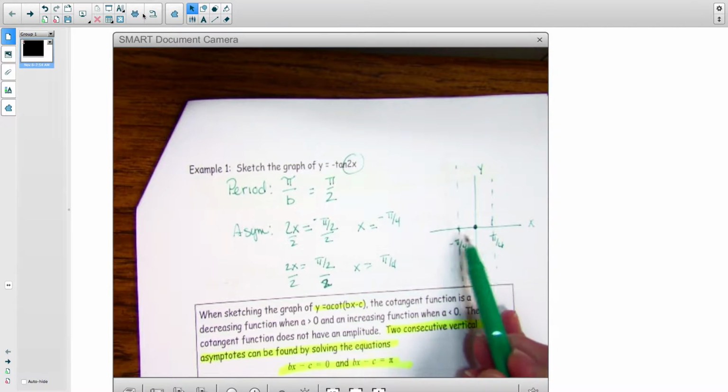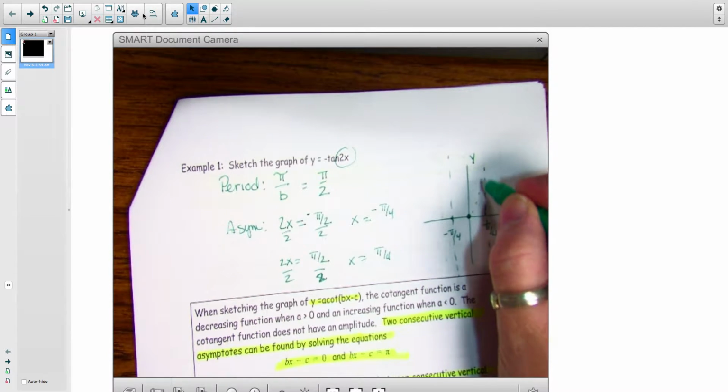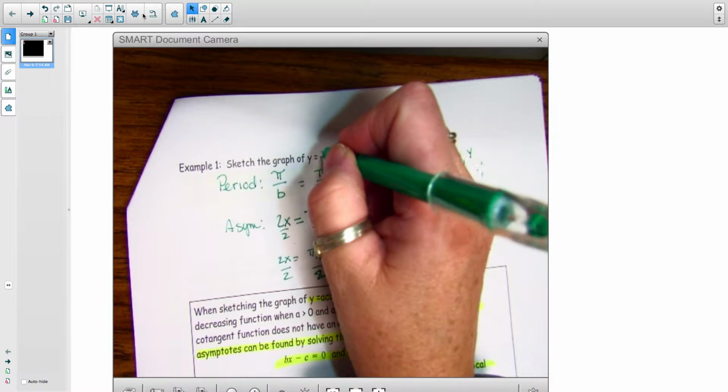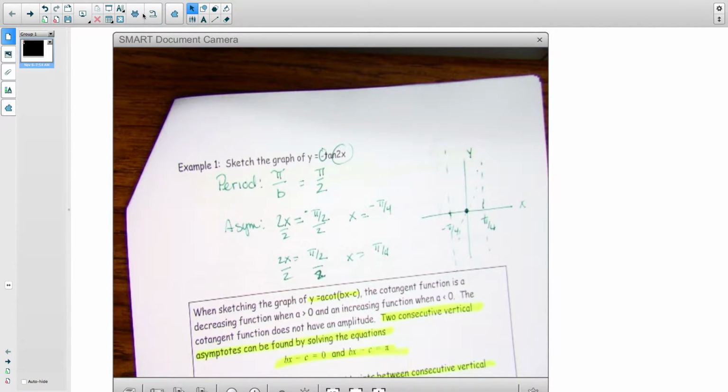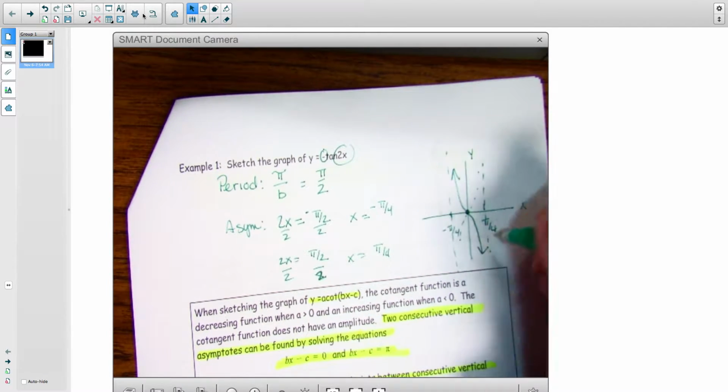Yeah. A fourth here and a fourth here makes a half. Now, tangent goes what direction? Tangent goes this way. Except this has a negative in front, so what's that do to the direction? It flips it, so this one's going to go like this because of that negative.